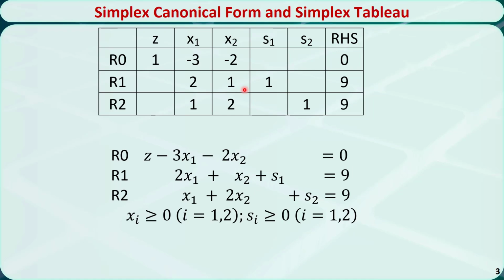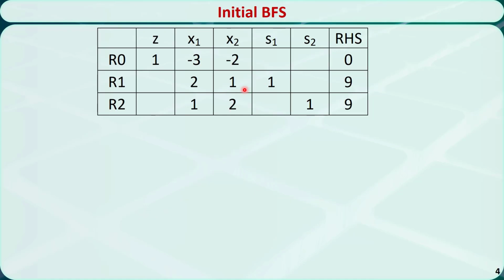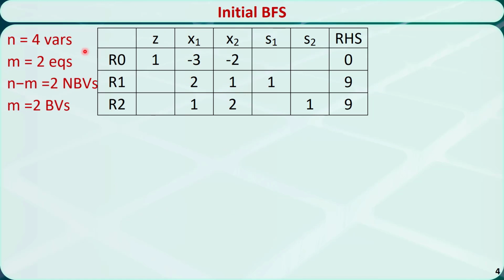If we do not count z, we have n equal to 4 variables, x1, x2, s1, and s2. We have m equal to 2 constraints. Therefore, we can set n minus m, which is 2, non-basic variables to 0, and solve for the remaining m equal to 2 basic variables.